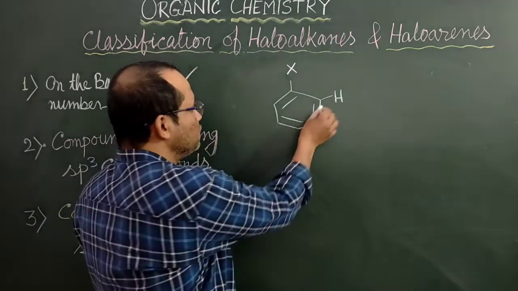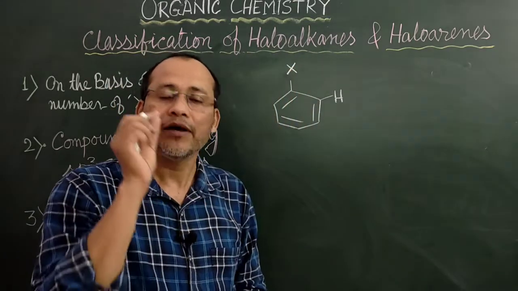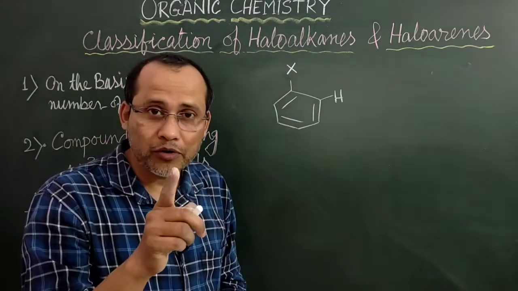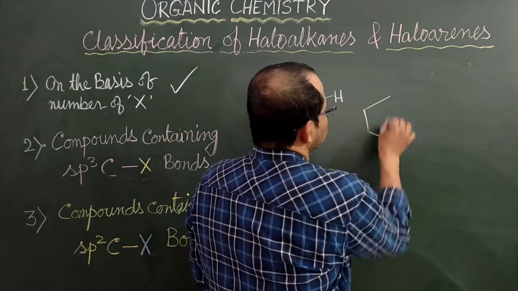Is it okay? Due to the presence of the ring it is aromatic, due to the presence of one halogen it will be monohalide, so it will be mono arene.